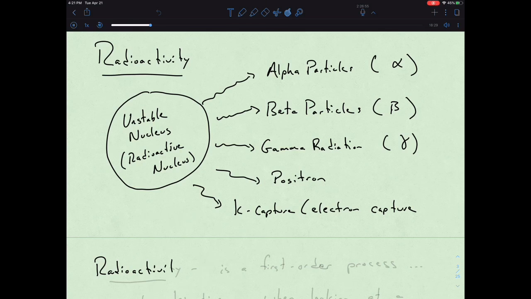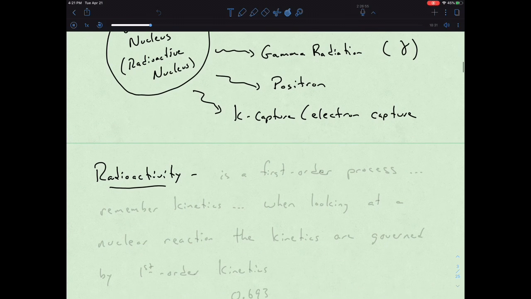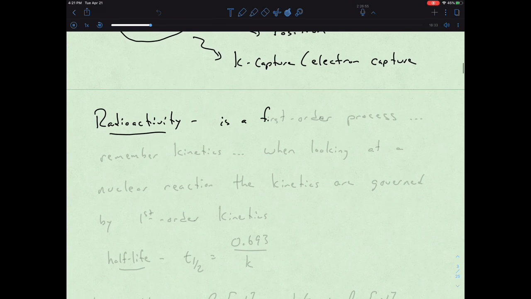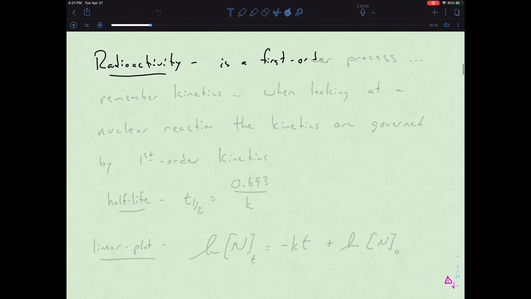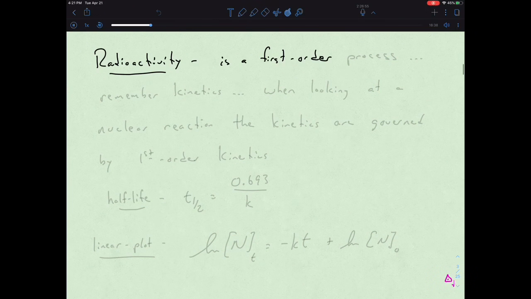Radioactivity as well is a first order process. And so that means we need to remember kinetics.